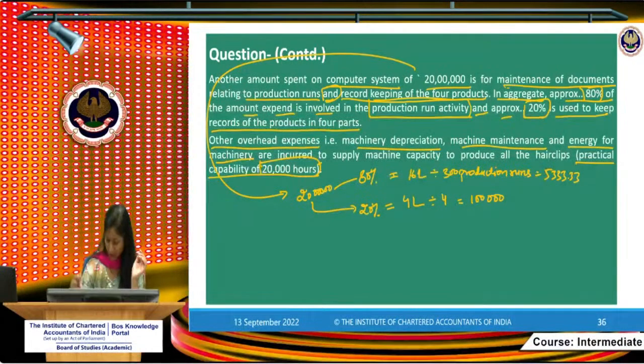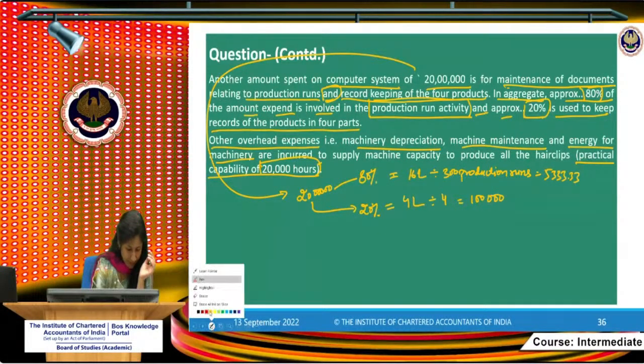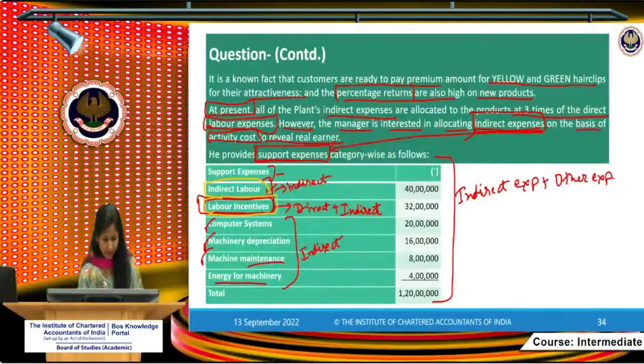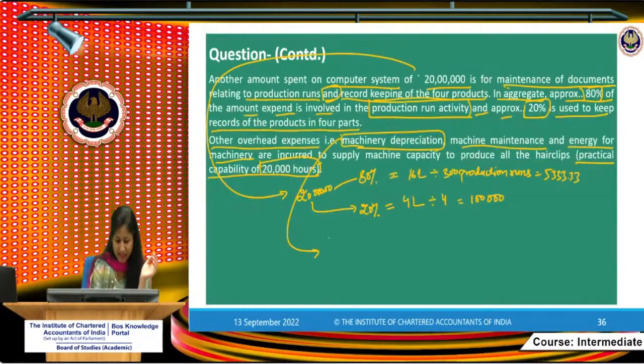So we were on machinery depreciation. What was the amount for machinery depreciation? It was in the previous slide. Okay, 16 lakh, 8 lakh, 4 lakh. This is for depreciation, this is for maintenance, and this is for energy.